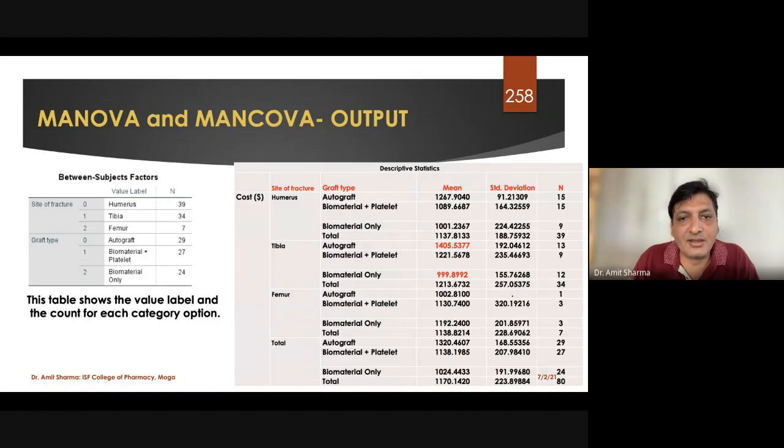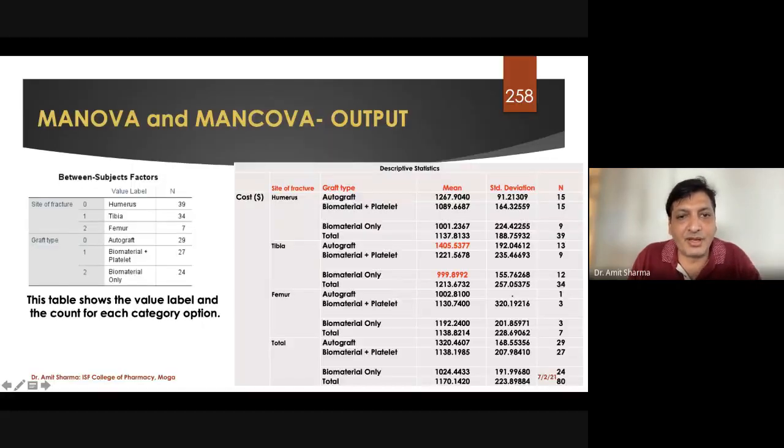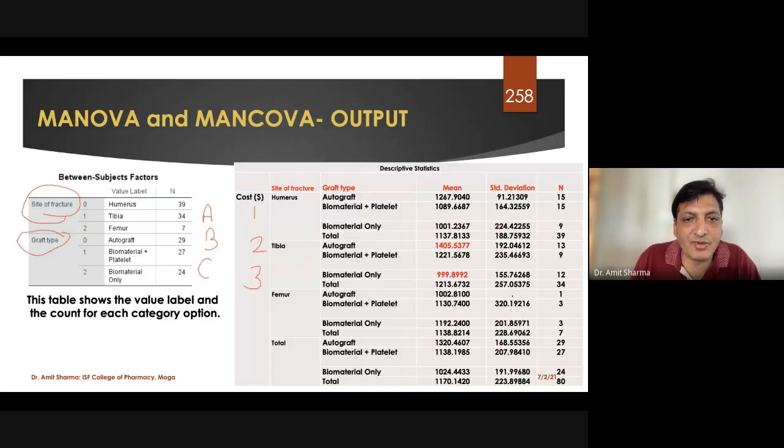We are having 6 categories actually. So what I used to write, for example, like this. Just wait. We have A, B, and C, which is designated to site of fracture, and 1, 2, and 3, which is designated to type of graft.